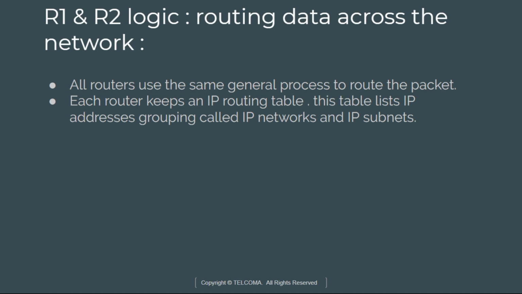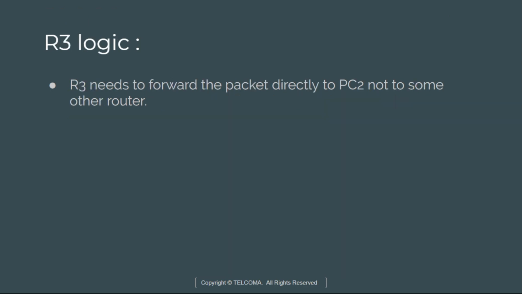This matching entry also lists directions that tell the router where to forward the packet. So R1 would have matched the destination address to the routing table entry, which in turn told R1 to send the packet to R2 in our previous example. Similarly, R2 would have matched and told R2 to send it to R3. The router looks at the IP routing table and directs each packet over the correct next LAN or WAN link. Then comes the R3 logic.